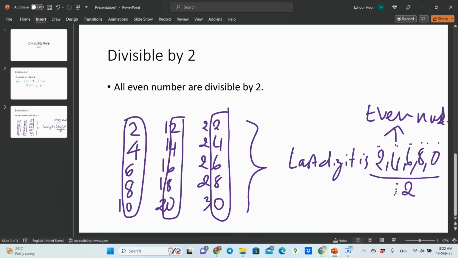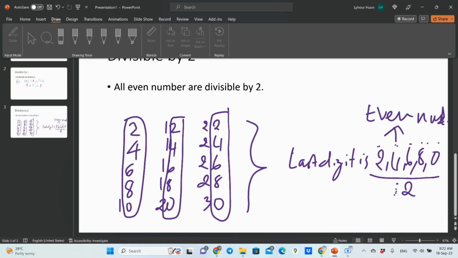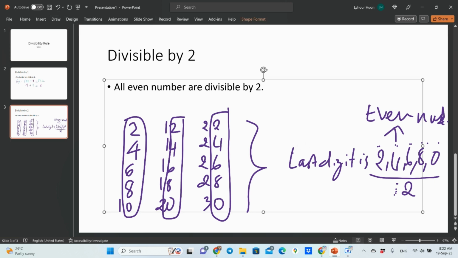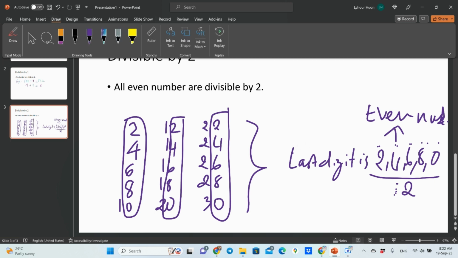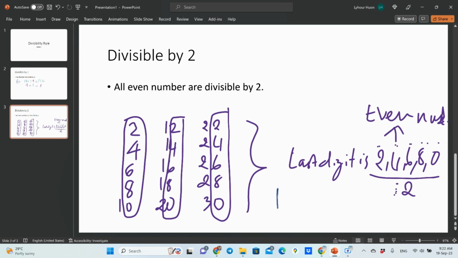Let's give one example. Do you think 136474 is divisible by 2 or not?